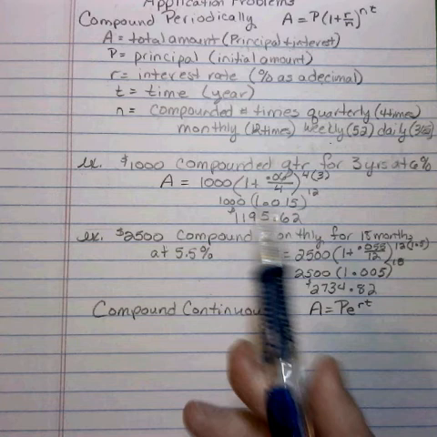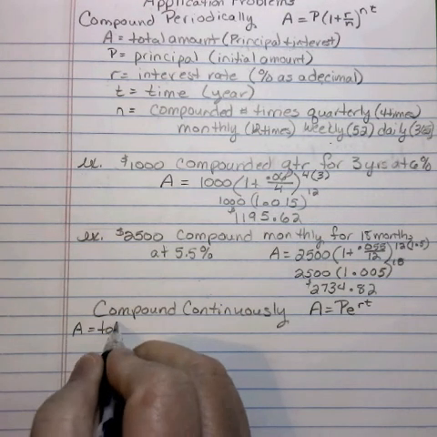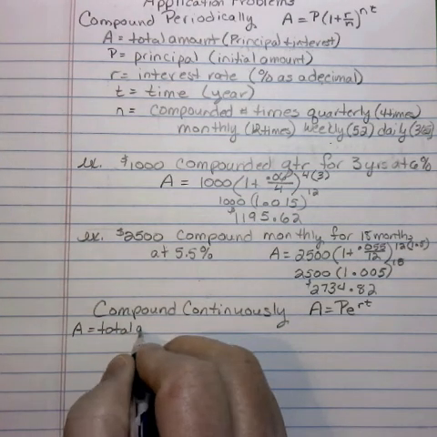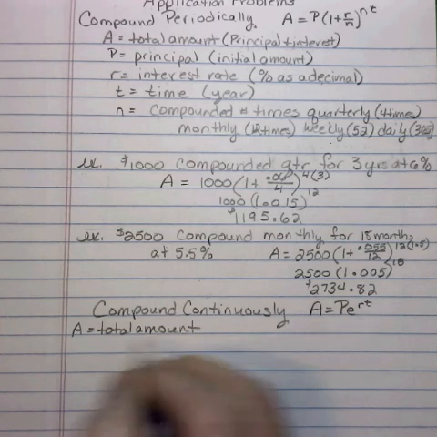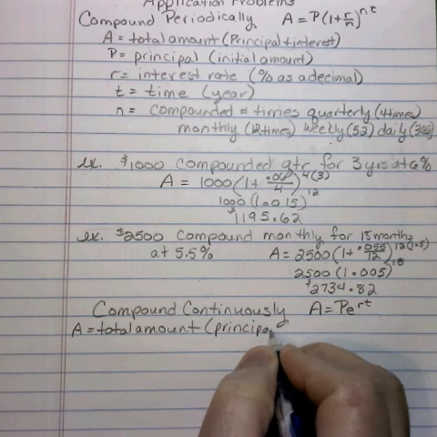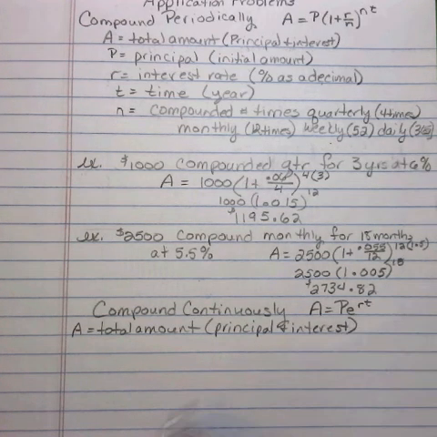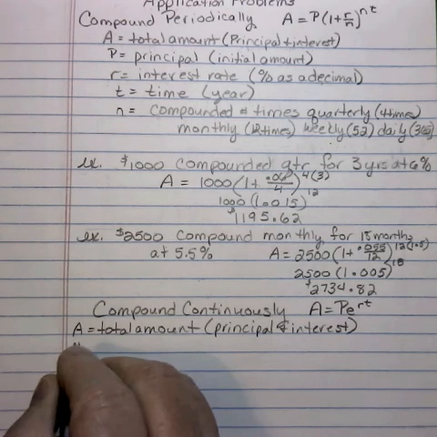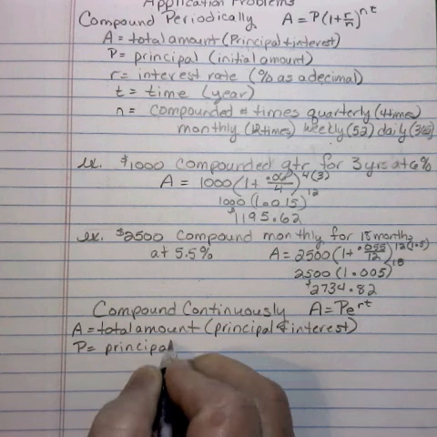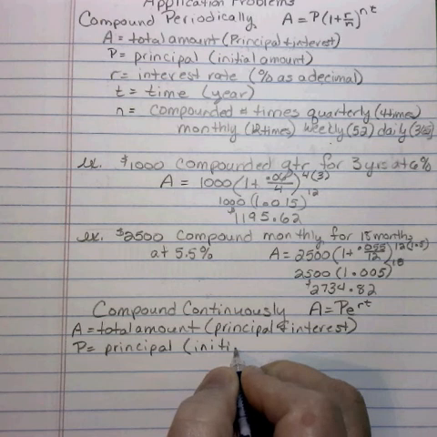Similar to our periodic, we have A to be the total amount, which is principal and interest. The P, again, is going to represent your principal. Another way to think of that is your initial amount.